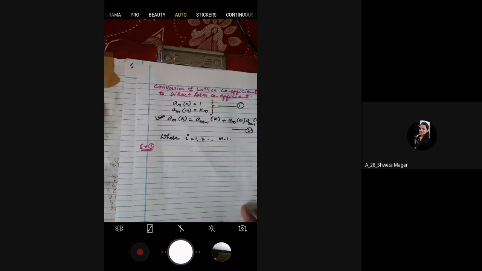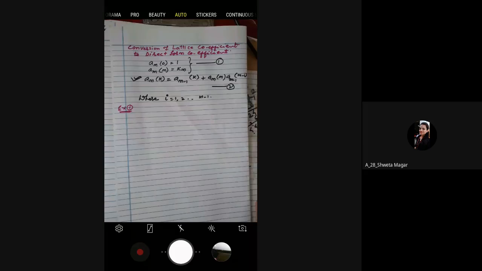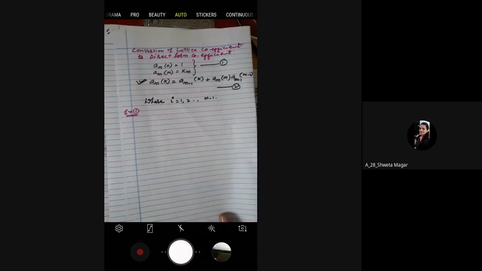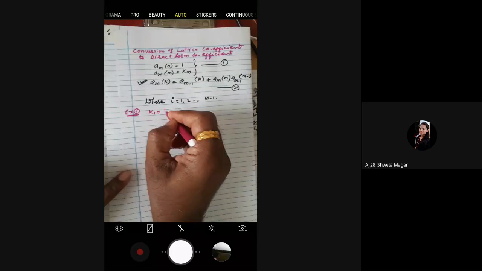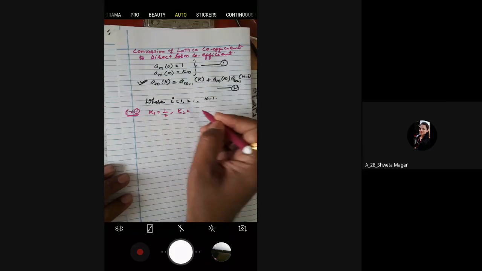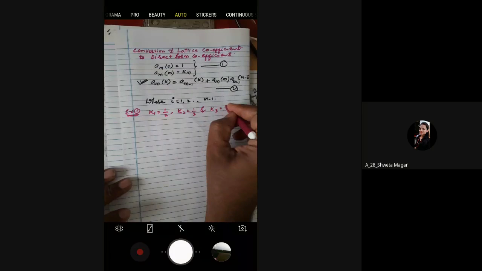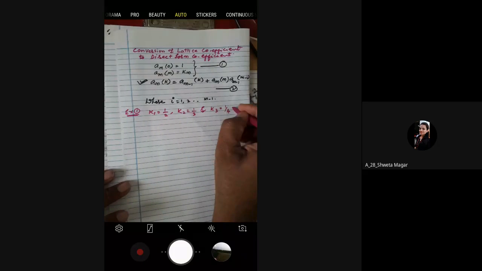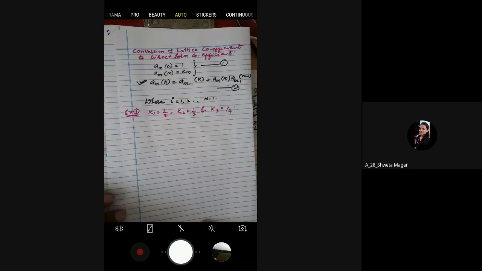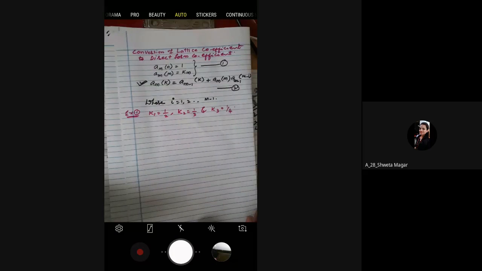Now let us take an example. Consider an FIR lattice filter with coefficients K1 equals 1/2, K2 equals 1/3, and K3 equals 1/4.